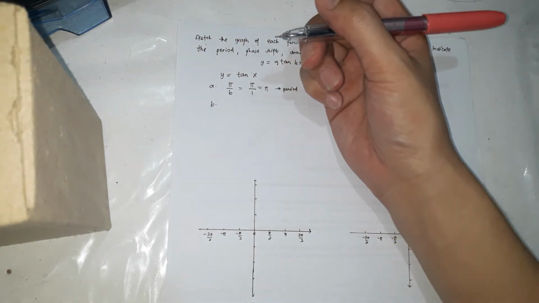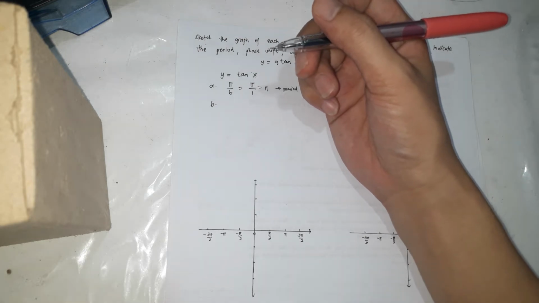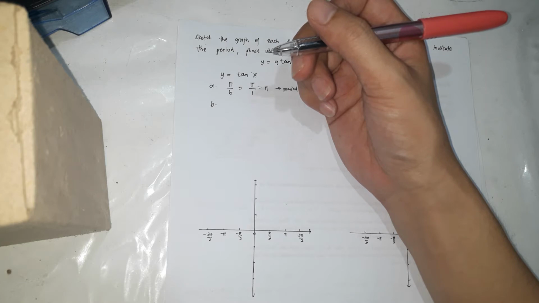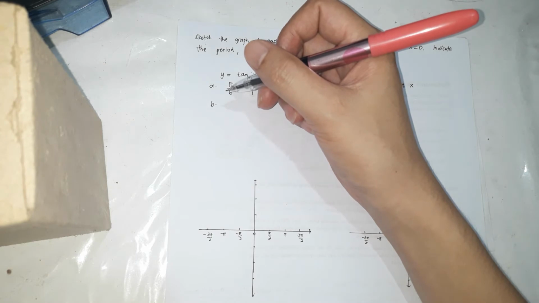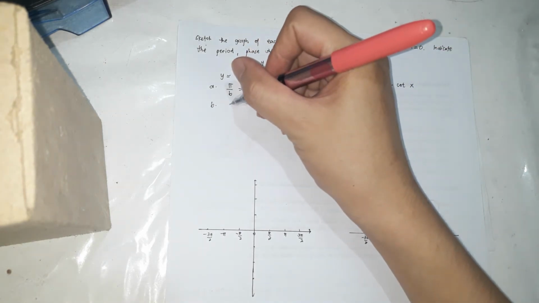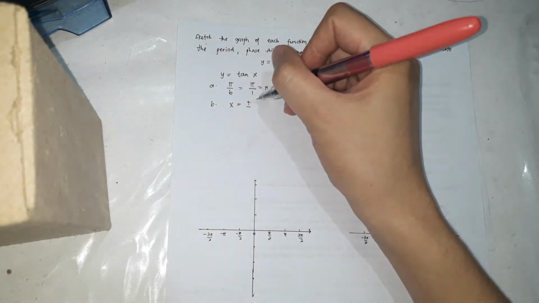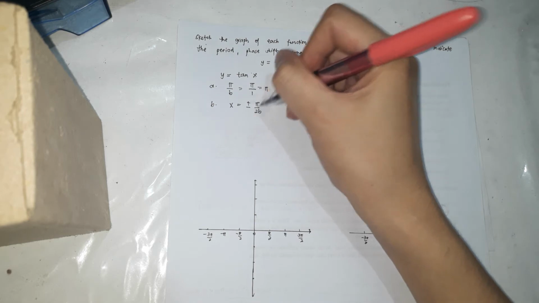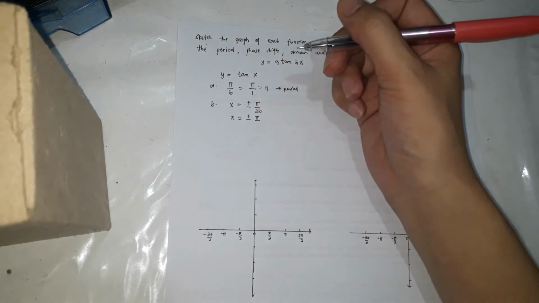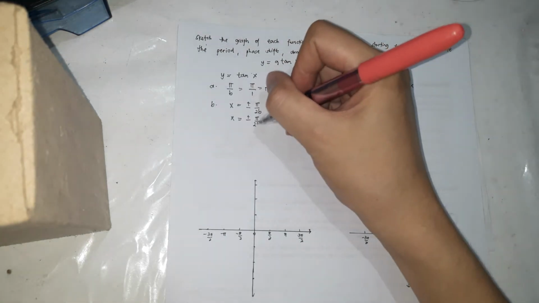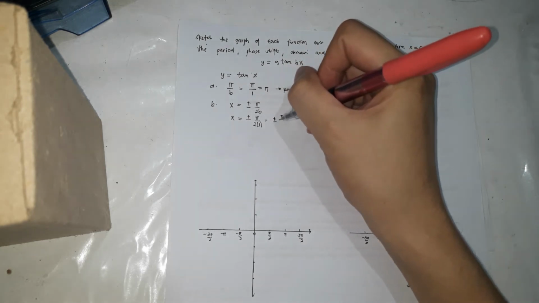Letter B, determine the two adjacent vertical asymptotes. To determine them, for tangent, x is equal to plus or minus pi over 2b, which is pi over 2 times 1, which is plus or minus pi over 2.